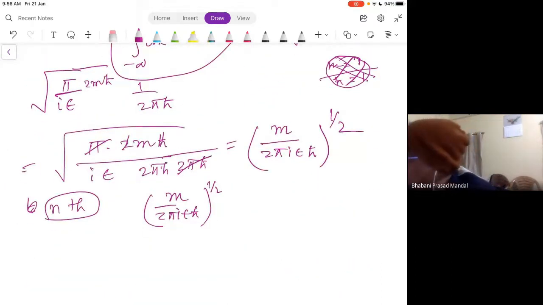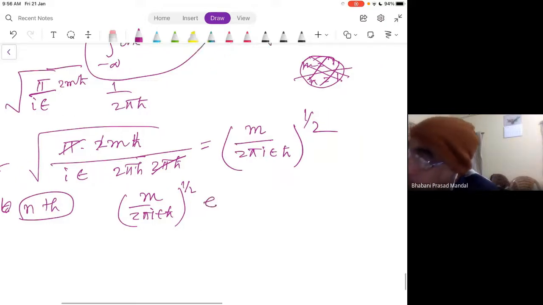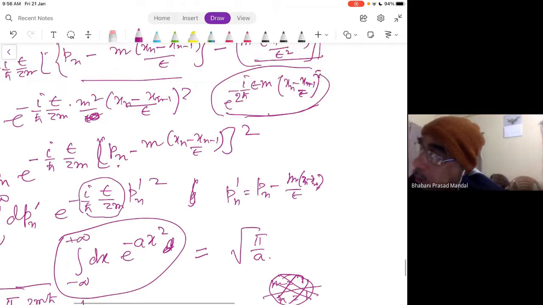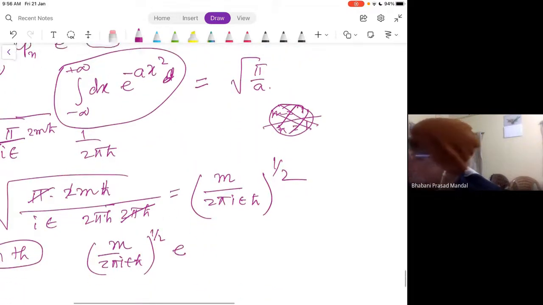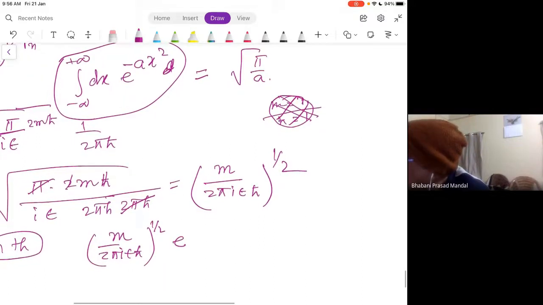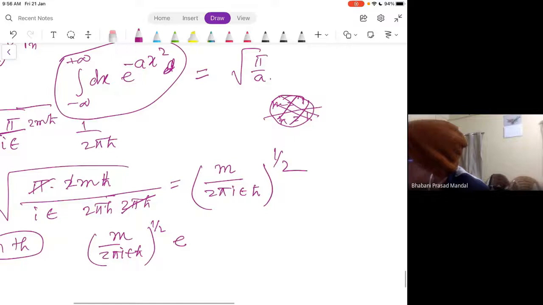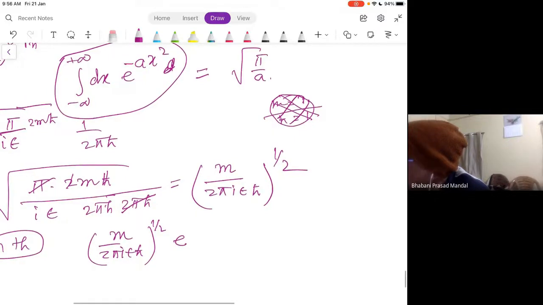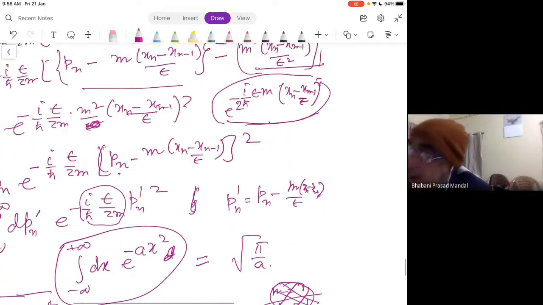So you can write these factors. Here, x by x, and there was a minus. I forgot, there is a minus.